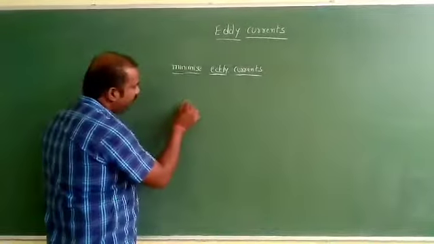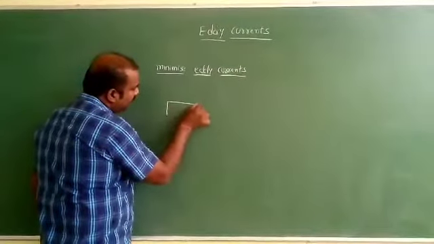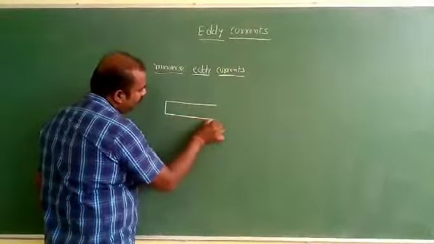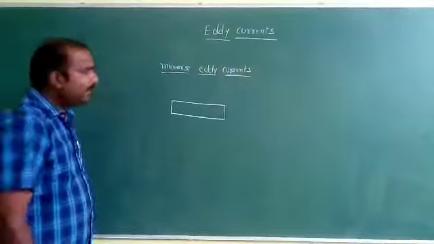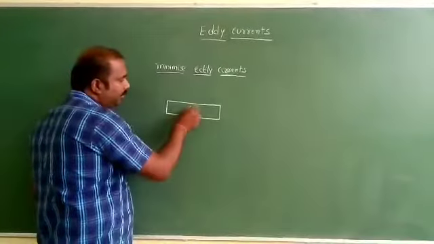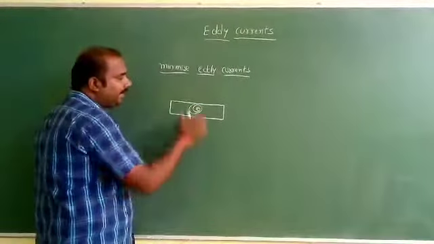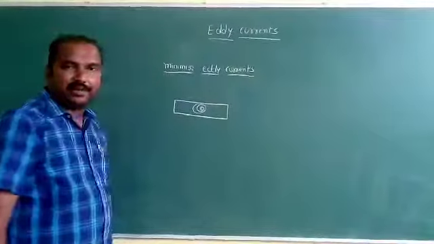See, suppose the core of the transformer is a single block. If you take a single block, then eddy currents are produced. Because of these eddy currents, heat is generated and finally energy is lost.